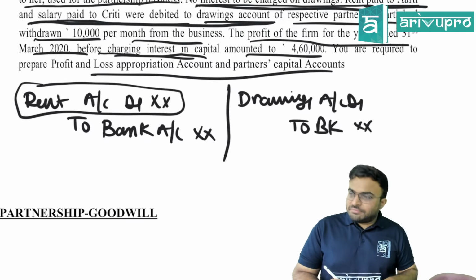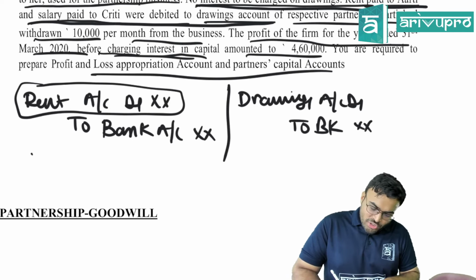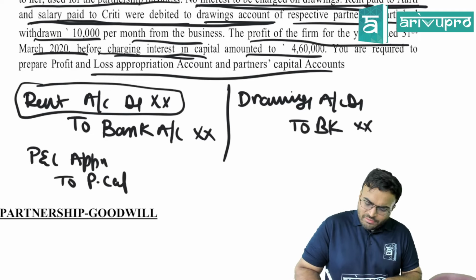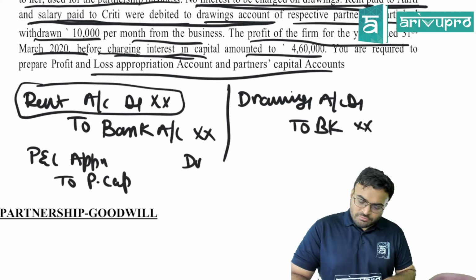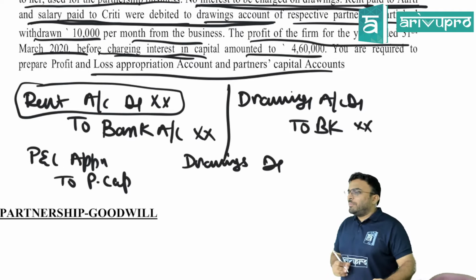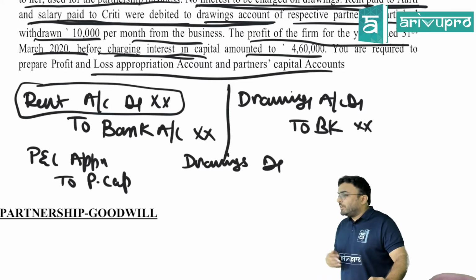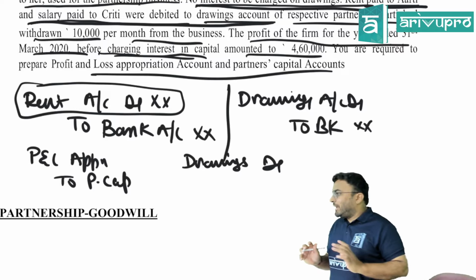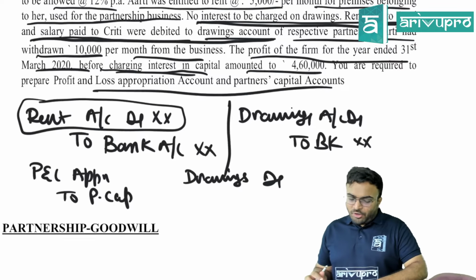Salary to partner should be salary account debited, P&L appropriation to partner's capital, right? But what did they do? Drawings debited. Here also drawings is debited. So that means we should remove it from here and put it to partner's capital. Clear? I hope you are clear.